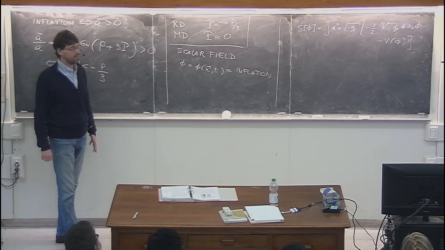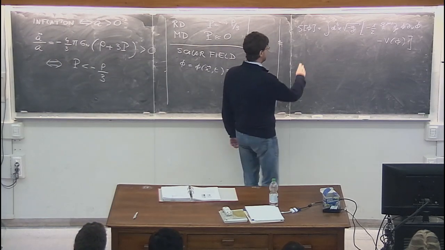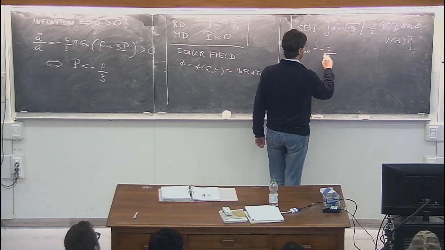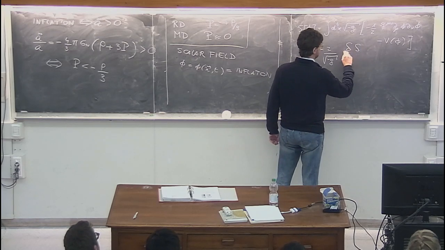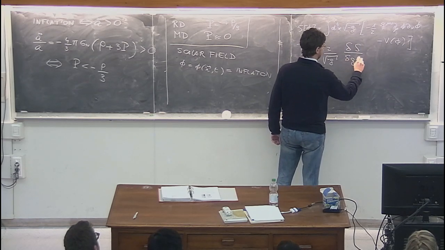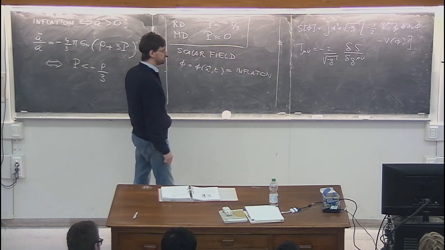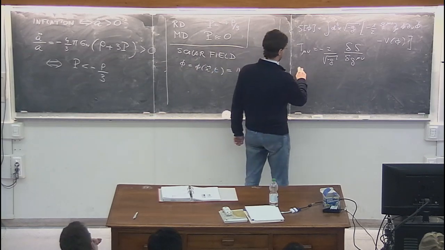Okay? Now, out of this action, I can compute the energy momentum tensor, which is minus 2 divided by the square root of minus g times the variation of the action with respect to g^{mu nu}, with the indices up. Okay? And if you do the computation, it's rather easy.